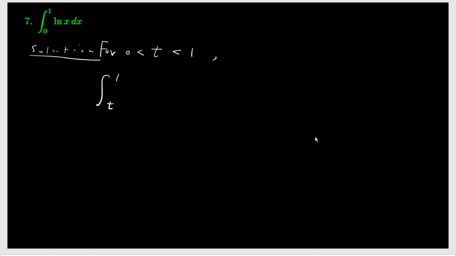So we evaluate the integral from t to 1 of natural log of x. This is a typical form for using... So anybody want to tell me the integration technique you want to use to evaluate the integral from t to 1 of natural log of x? When we learned integration techniques, I summarized many forms.